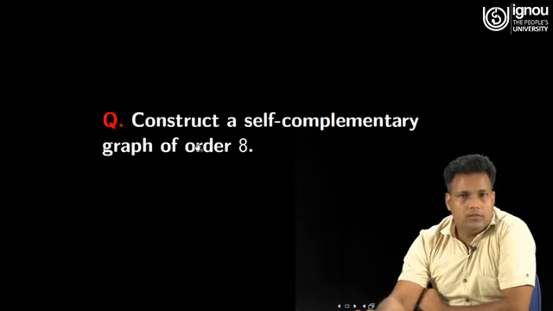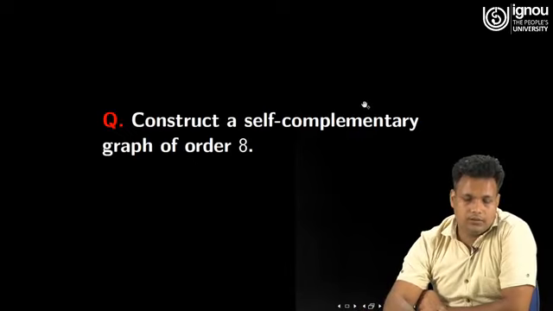Construct a self-complementary graph of order 8. So we just construct here. Look at this graph. It has 8 vertices, right? And now we shall draw all the missing edges here to get the complement of this.